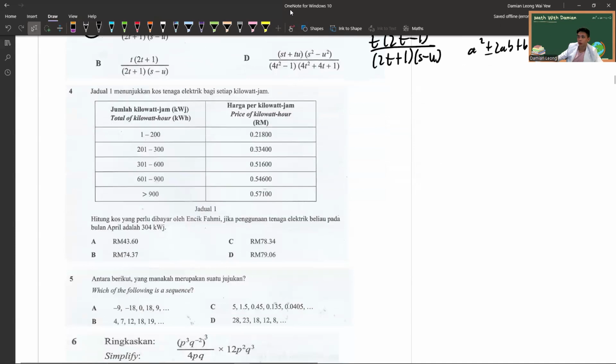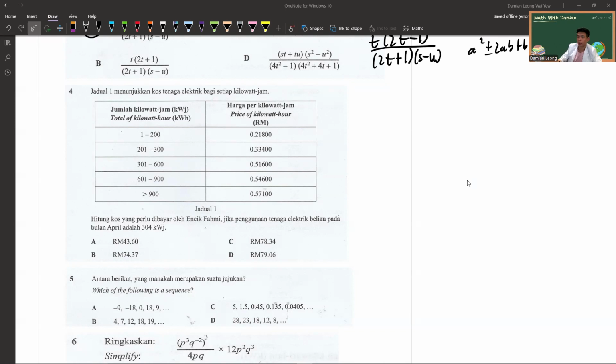Then we look at question 4. The table shows the electricity cost for every kilowatt hour. So calculate the total cost that has to be paid by Encik Fahmi if the usage of electricity in April is 304 kilowatt hours.